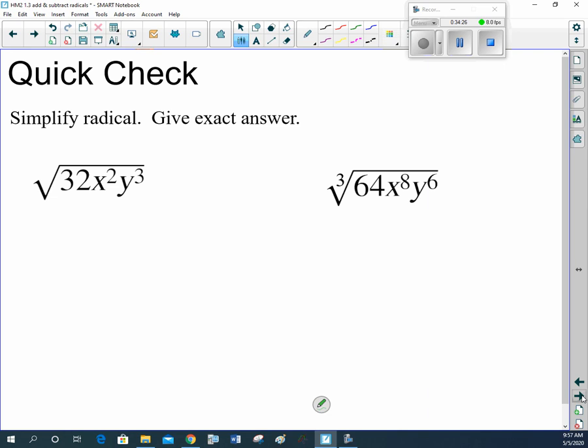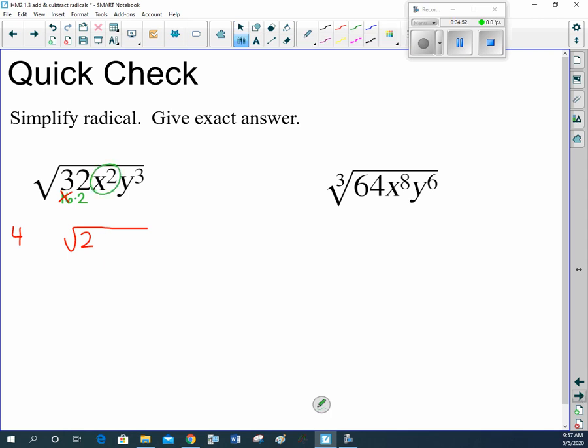So here's a quick check that has everything together, numbers and variables. So square root of 32, once again, we want to look for perfect square factors, so I'm going to do 16 times 2. I know what the square root of 16 is. It's 4. So I'm going to write the 4 out in front. I'm going to draw my radical symbol because I know the 2 has to stay inside. Okay, now I'm going to come and look at my variables.